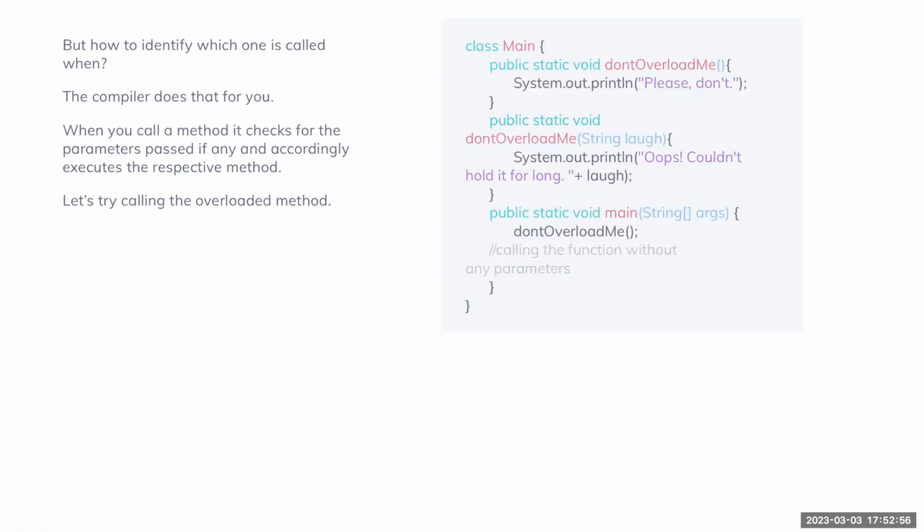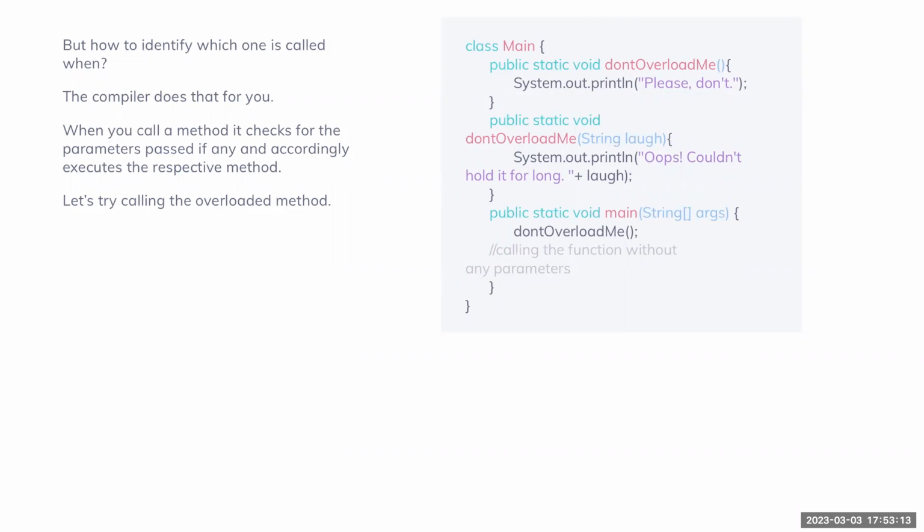So if you see here, function overloading can be checked at compile time itself.